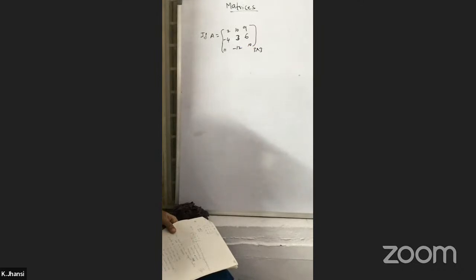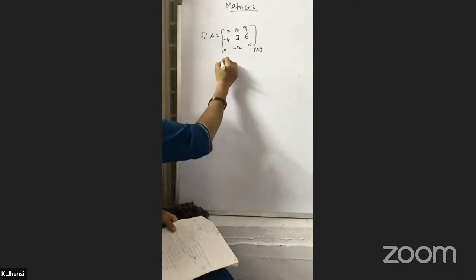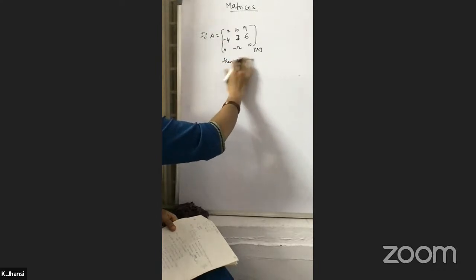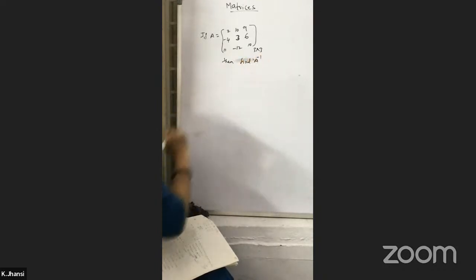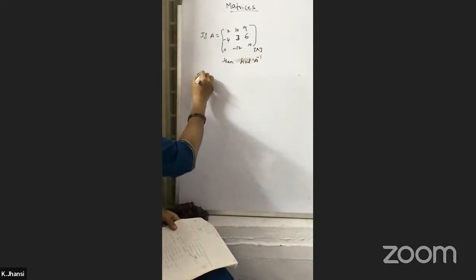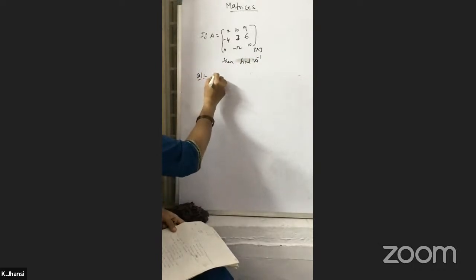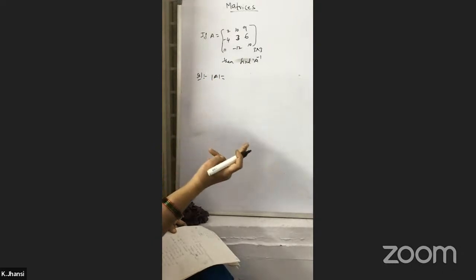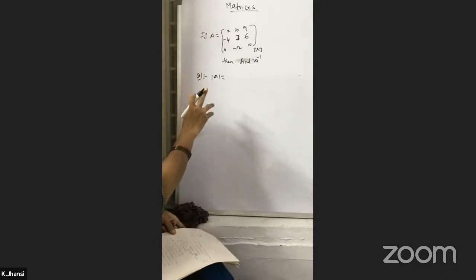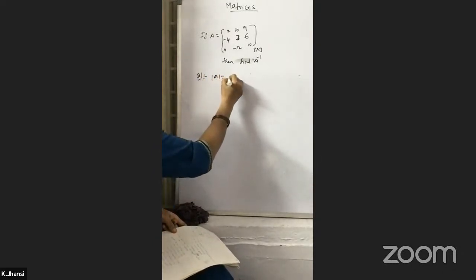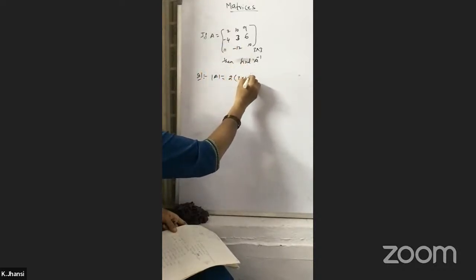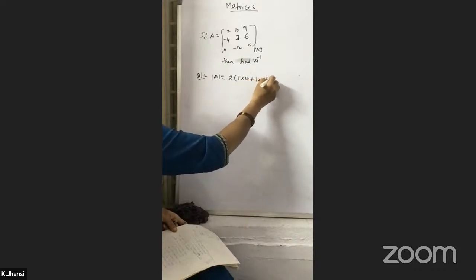Okay, it is a 3 by 3 matrix. So find the inverse, or rather find A inverse. First condition for A inverse is that we have to find the determinant of this one, and it should be non-singular. If it is non-singular, then only we can find the inverse. So determinant of this one is 2 into (3 into 10 plus 12 into 6).